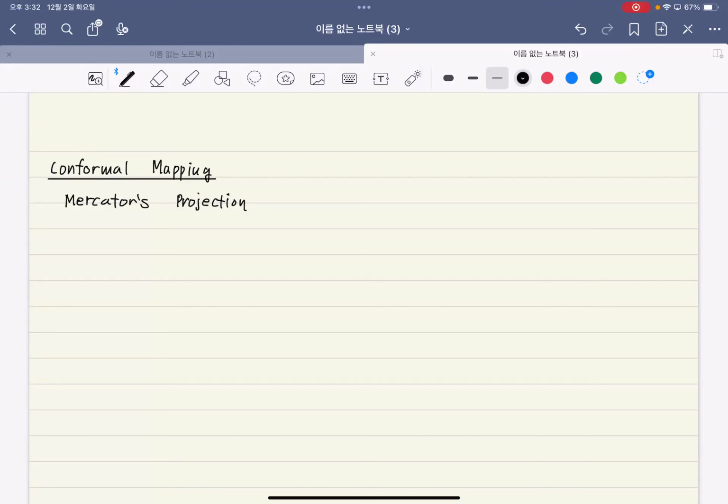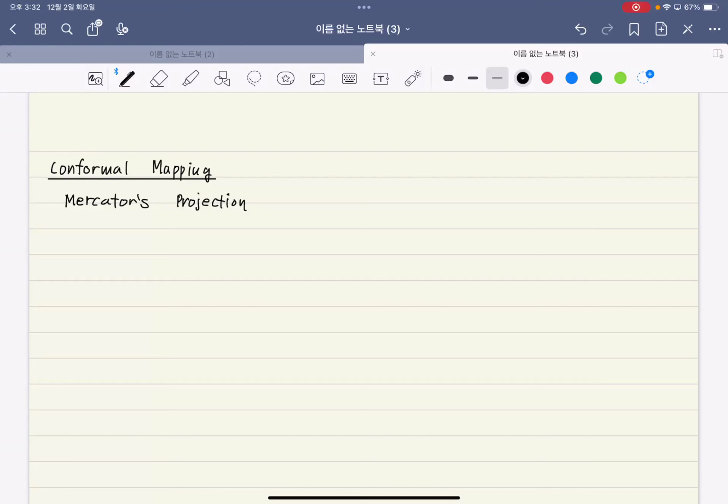Again, I have two tangent lines, and let us also suppose the angle between these two vectors is also theta. This is what I mean by the angle being preserved under this map f. And if this condition is true for every curve and every point from z0 to w0, then we say this map is angle preserving.